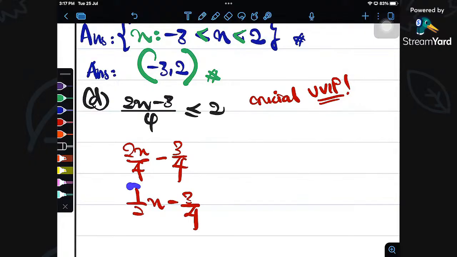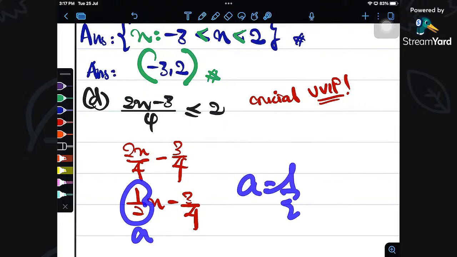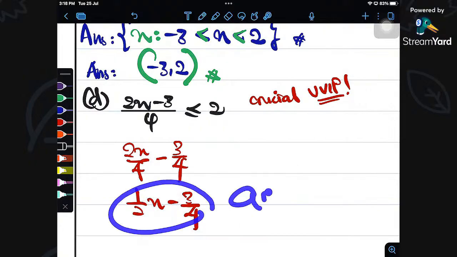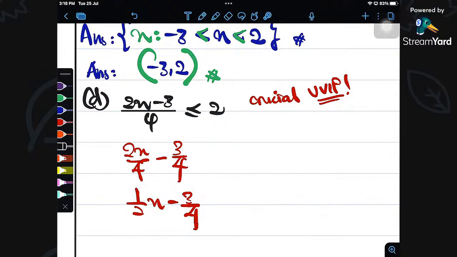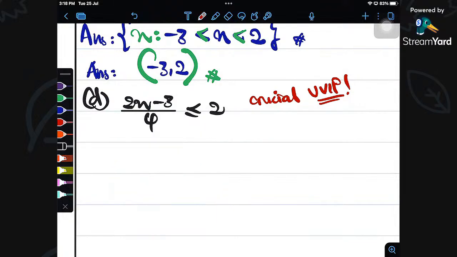Walaupun dia ada pecahan, tapi dia dipanggil sebagai linear sebab A ini adalah 1/2, manakala 3/4 ni adalah B. So this is still ax plus b. So these are still linear problems. That is what I'm saying. Okay, this is still linear inequalities.